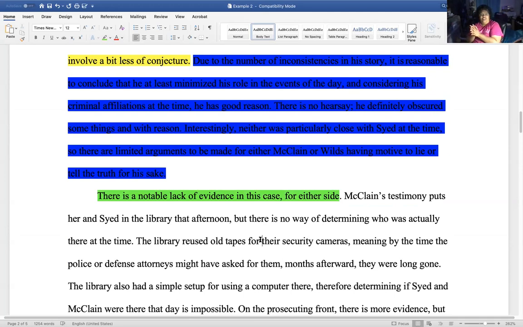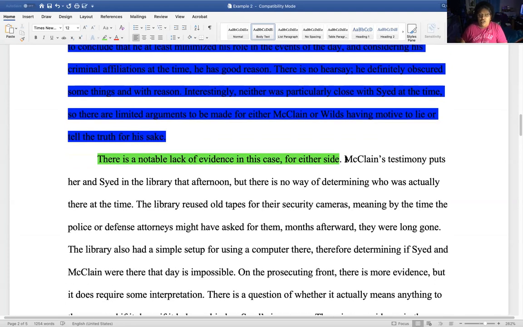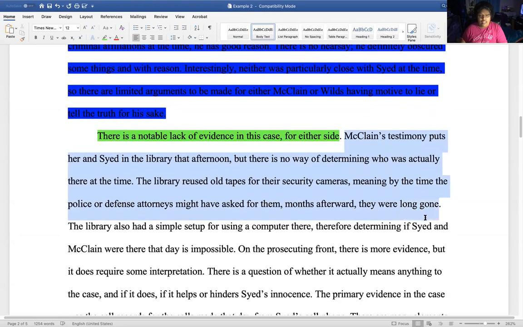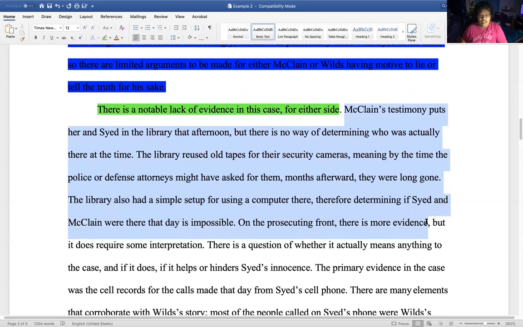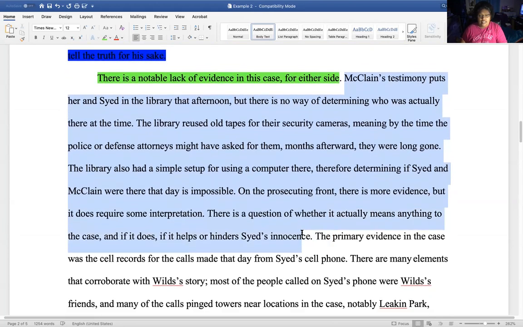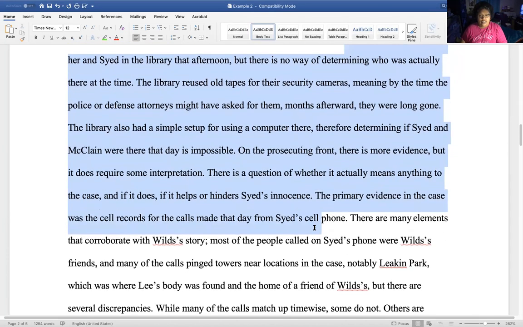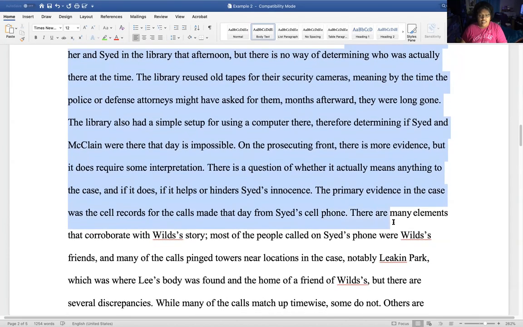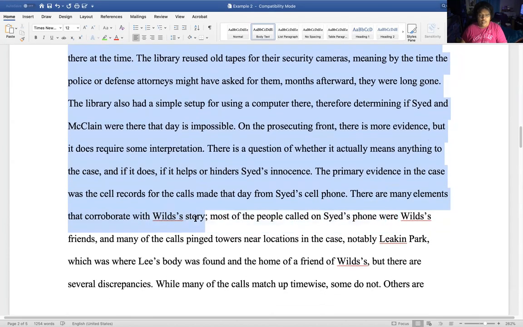So now this says, I'm going to talk about lack of evidence for both of these. Right. And so she talks about McLean's testimony. There's a question whether it actually means anything in the case. The primary evidence of this case, she keeps talking. There are many elements that corroborate Wallace's story.